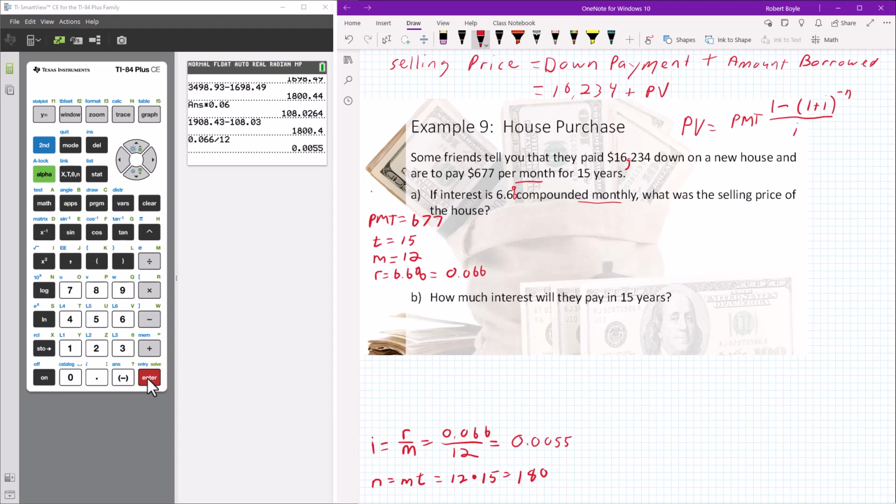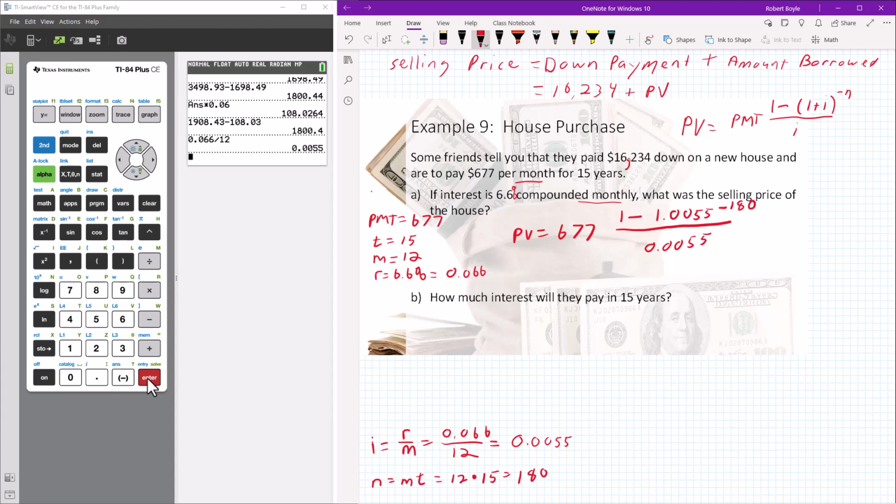So we have n, we have i, we have that our present value, the amount borrowed, is going to be equal to $677 times 1 minus 1 plus i, which is 1.0055, raised to the negative 180 power, all divided by i, which is 0.0055.